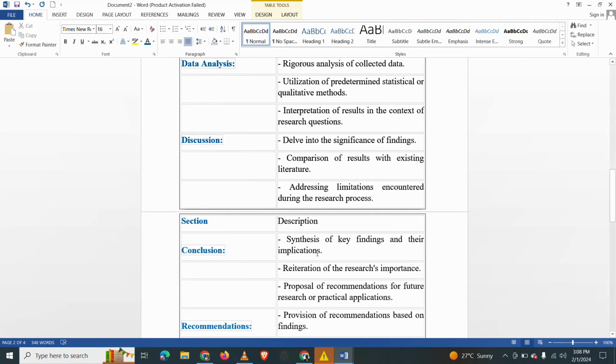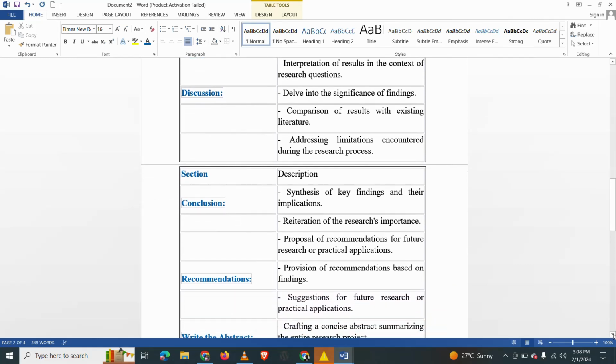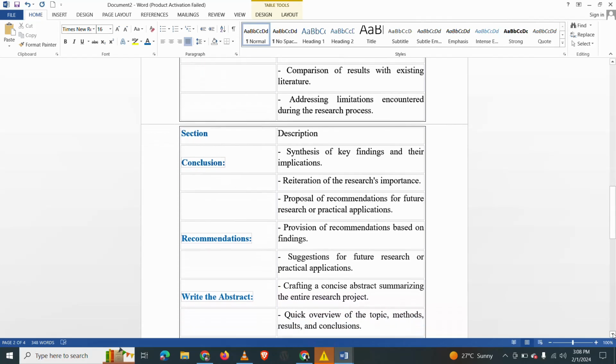So on the conclusion part, after discussing your findings from the data analyzed, the conclusion is very, very important. What do you make of the findings that you have?